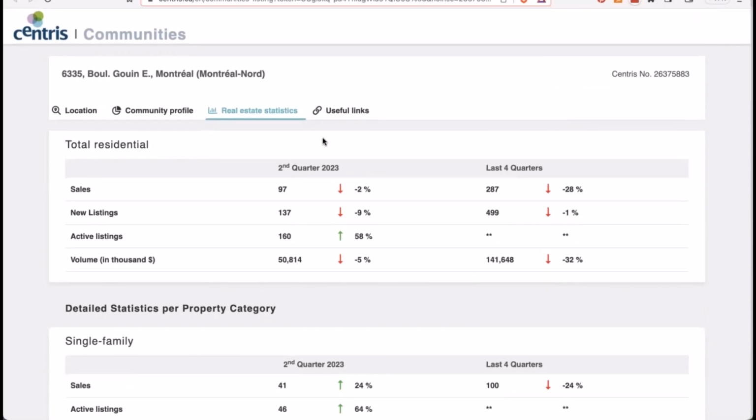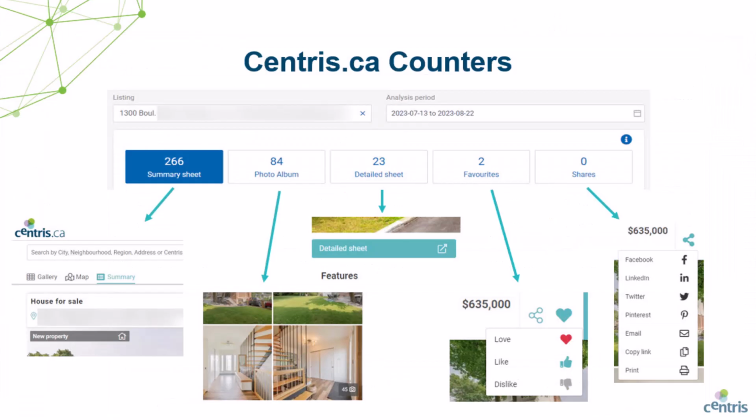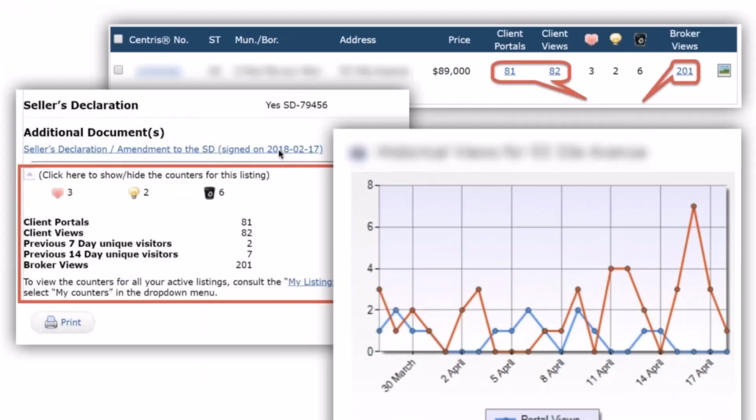Okay, so that covers everything I had to show you today. So what we looked at, just to sum it up, is the Centris counters. The Centris counters show the general activity of your Centris ad on the internet, which you can share with your client in an automatic email. Then we had a look at the matrix counters, which are the specific counters for your targeted clientele.